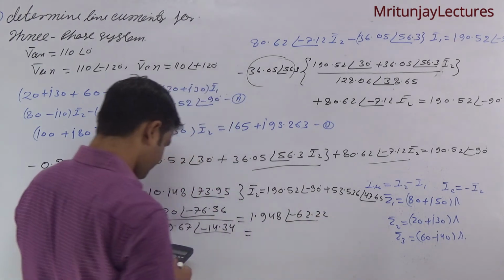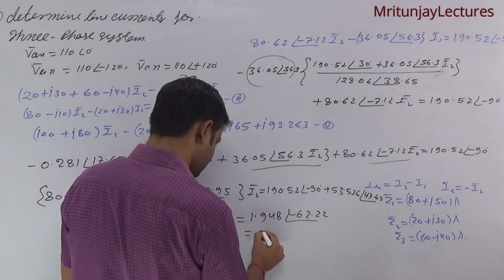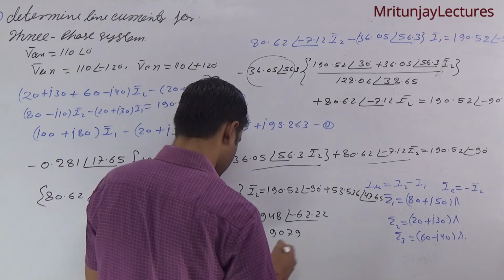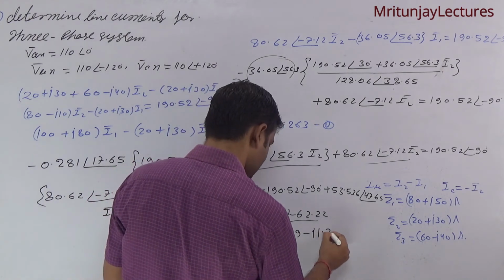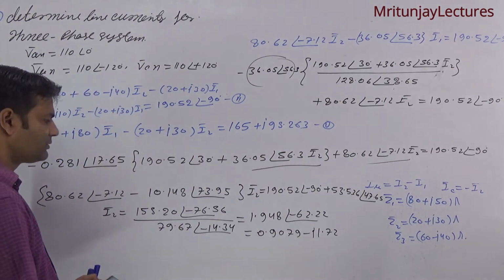So if this one is converted, we got, that is 0.9079 minus j 1.72. Okay, this one is I1, sorry, this one is I2.